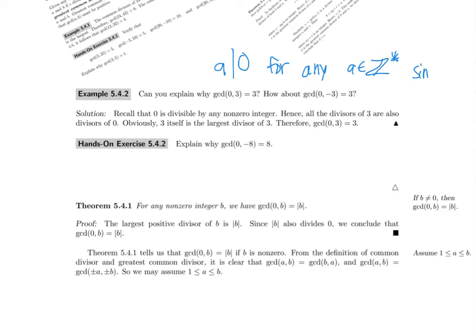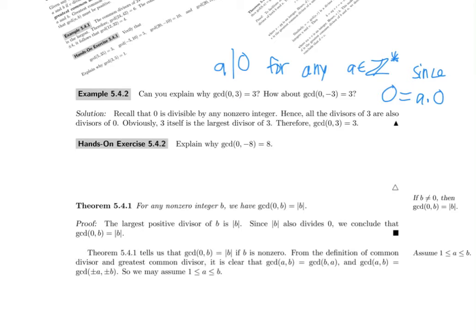So why is this true? Because 0 equals a times 0 plus a 0 remainder. So because a divides evenly into 0, every non-zero integer is a divisor of 0. But what are going to be the common divisors between 0 and a number like 3?